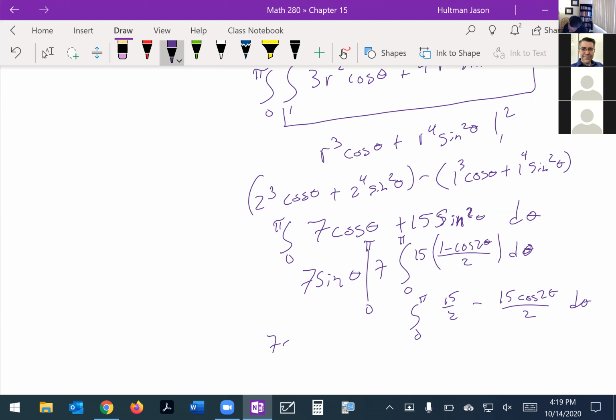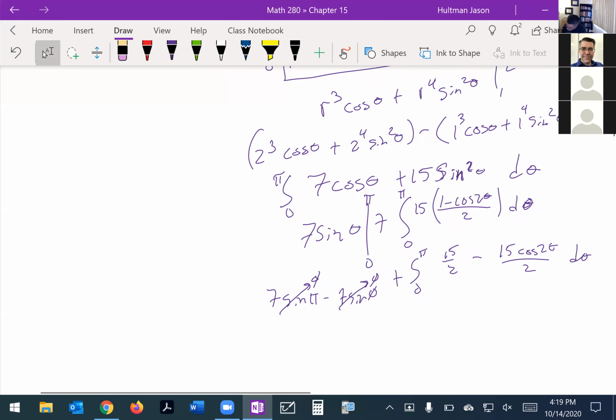Now, what's 7 times the sine of pi minus 7 times the sine of 0? Isn't the sine of pi 0? Yep. Isn't the sine of 0, 0? Yep. So that whole thing just goes to 0. That's gone. So now we're just left with this part here.